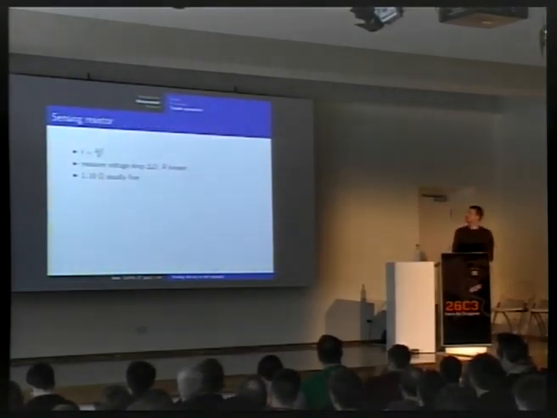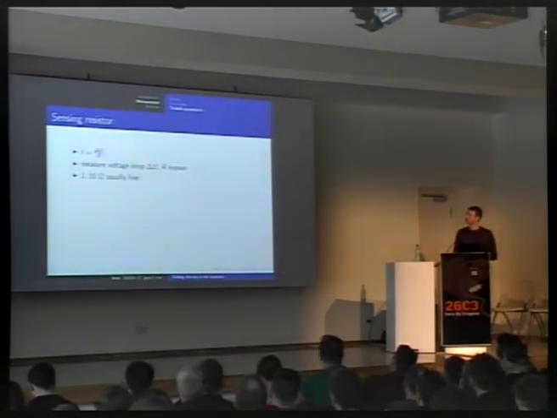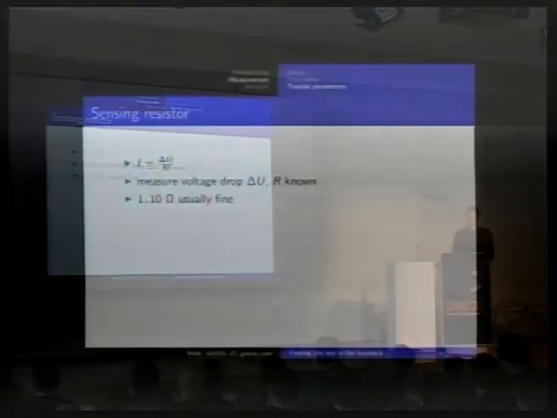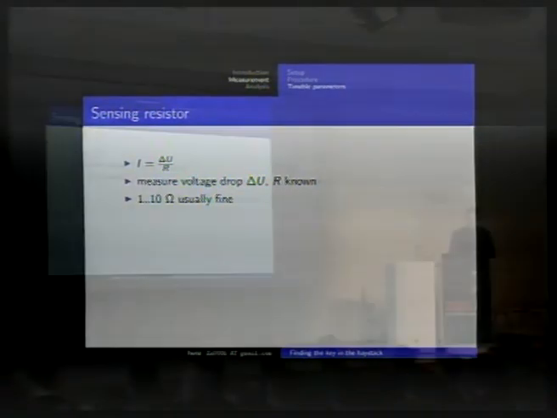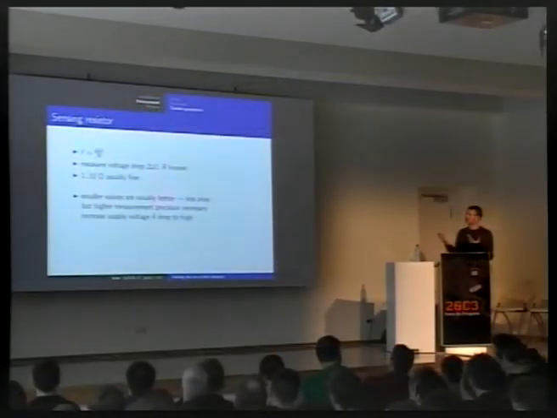The sensing resistor is, as the name already says, for sensing the current consumed by the device, and we measure the voltage drop across this resistor. Usually that is 1 up to 10 ohms. If we take smaller values, we will have less drop, so the device will be less influenced by this drop.